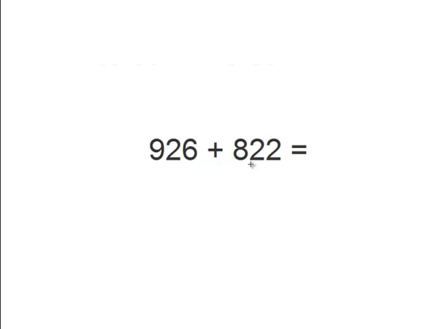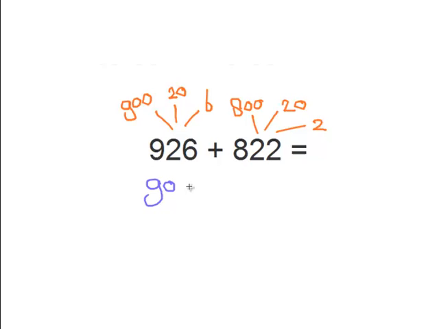Now we have 926 plus 822. So this time let's break up the number, just right off the bat. So we have 920 and 6. Okay, and as for the 822, it would be 820 and 2. Okay, so let's start with the biggest numbers we have, and that would be the 900 plus 800.